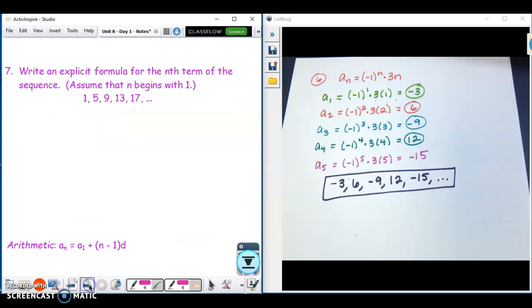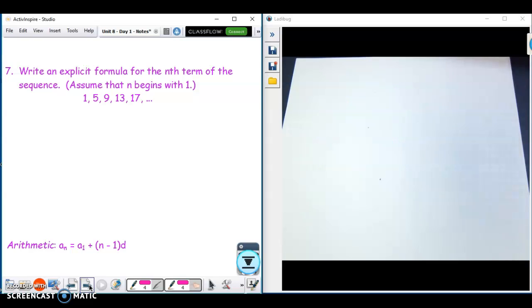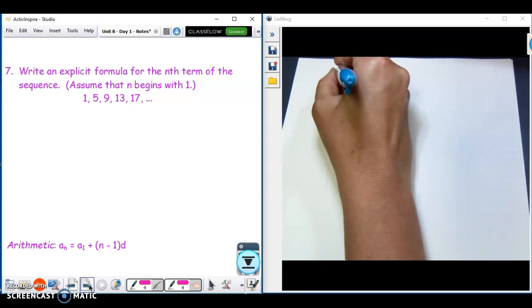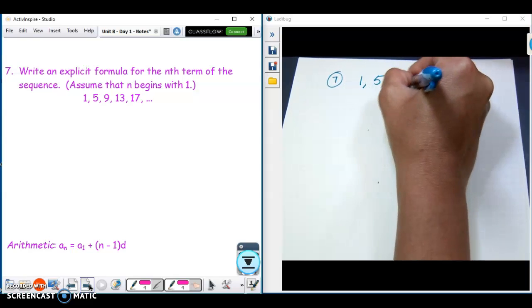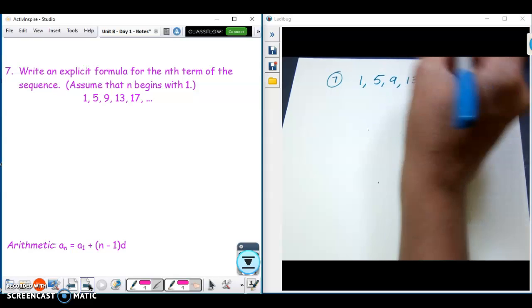Okay, so looking at number 7, we want to write an explicit formula for the nth term of the sequence, and we want to assume that the sequence begins with 1. So going backwards here, they're giving us the sequence, and we want to write the explicit formula.